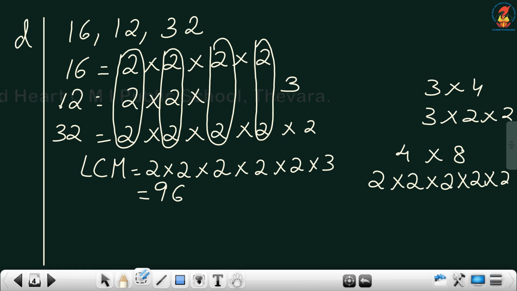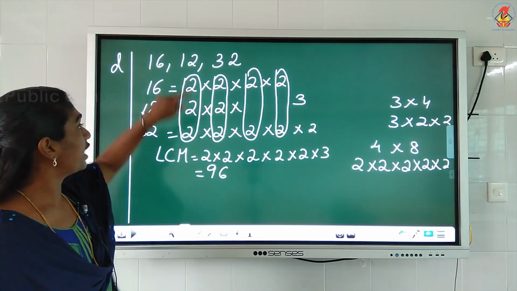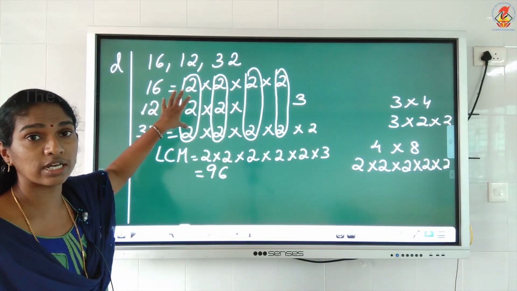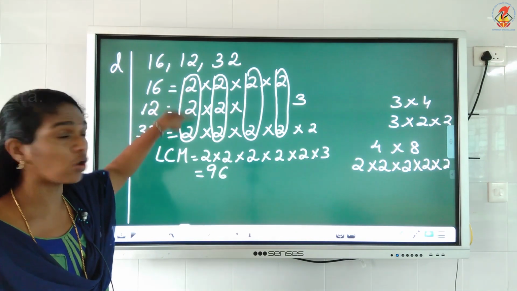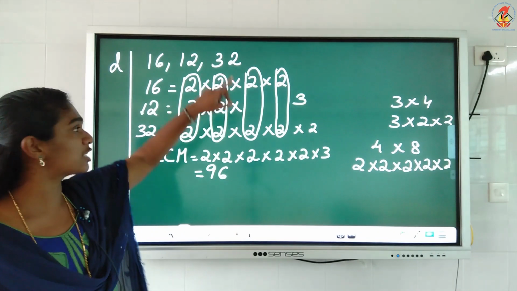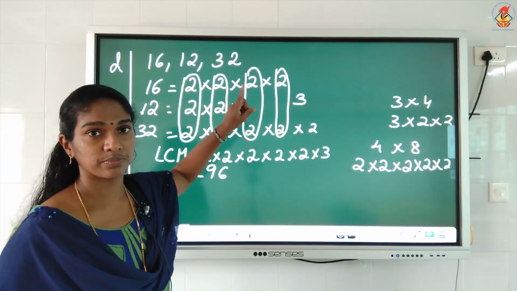So once again, when you are having 3 numbers, when you are doing HCF, all the 3 numbers should have a common factor. A common factor has to be there for all the 3. But when it comes to LCM, it is not necessary that it should be common for all the 3. If it is common for 2, you can group it. Okay.